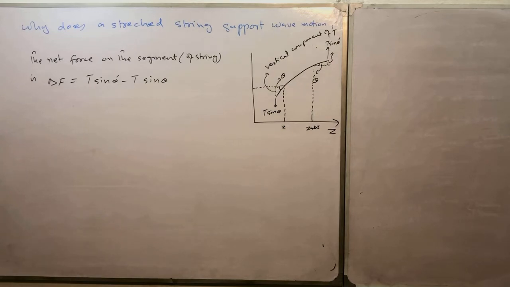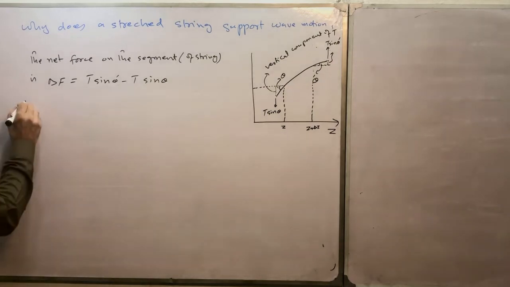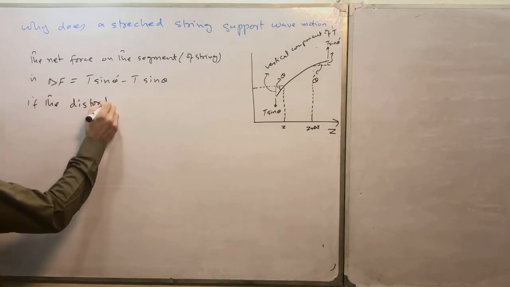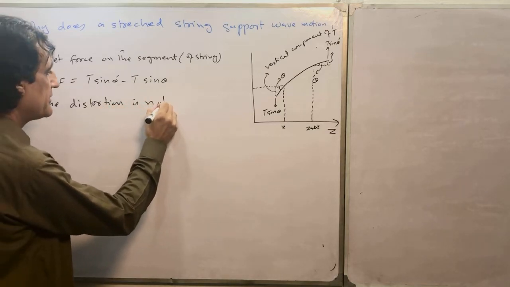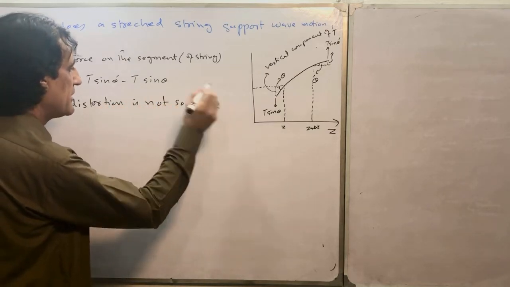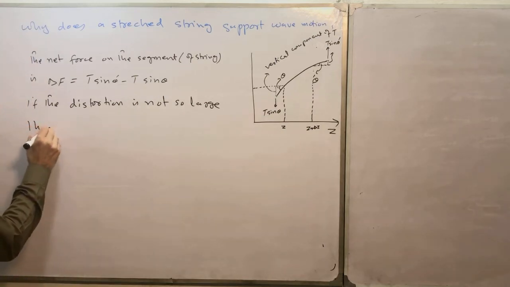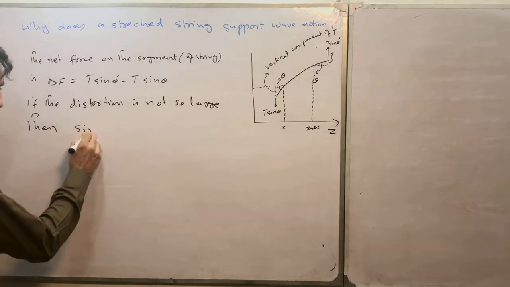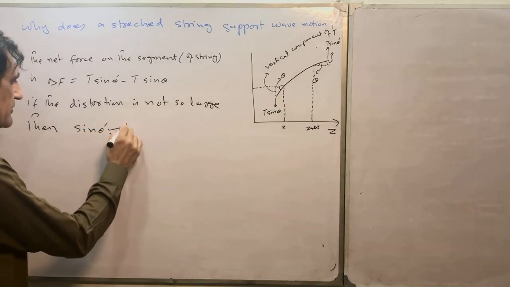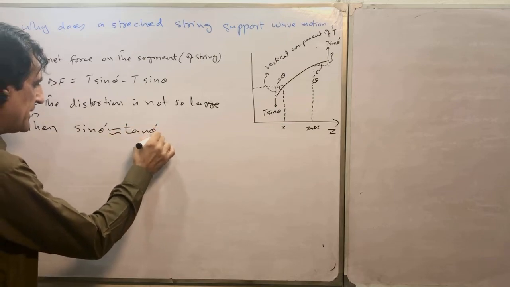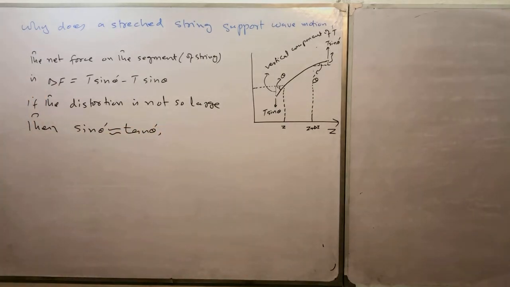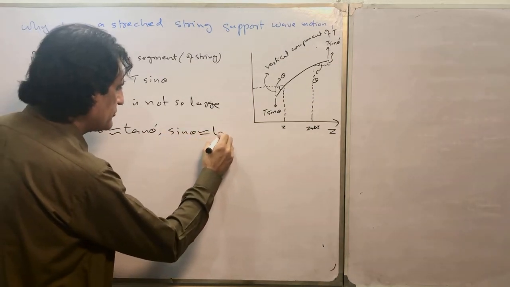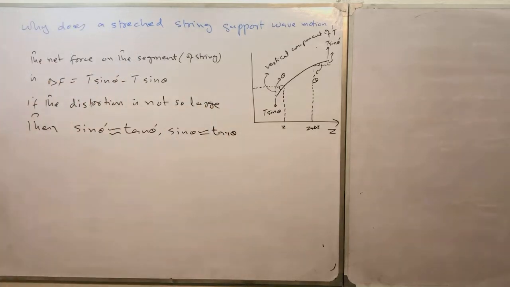Now, if the distortion is not so large, then sine theta prime is approximately equal to tangent theta prime, and sine theta is approximately equal to tangent theta.